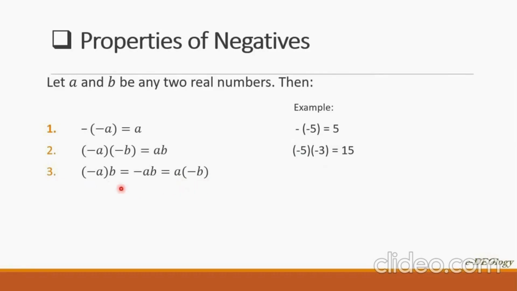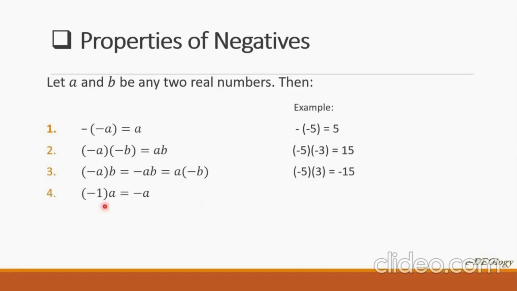And the answer for both cases will be a negative AB. So we're going to multiply the numbers as they are, and for the sign, we will affix the negative sign. One example here is negative 5 multiplied by positive 3. The answer is negative 15.